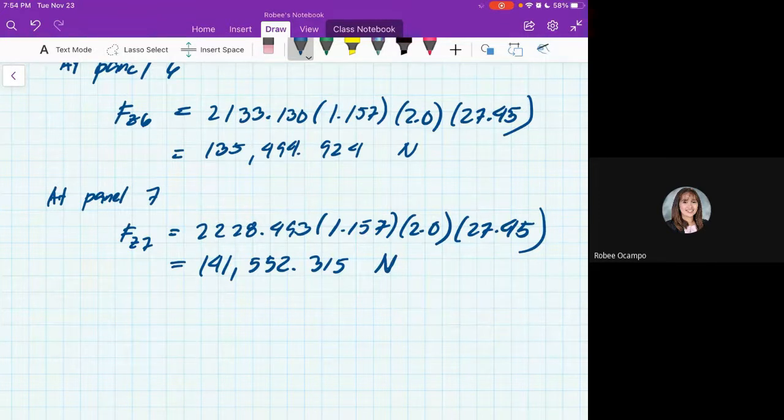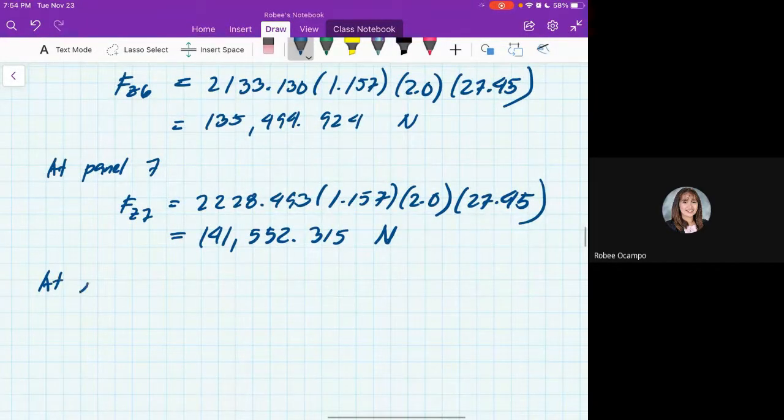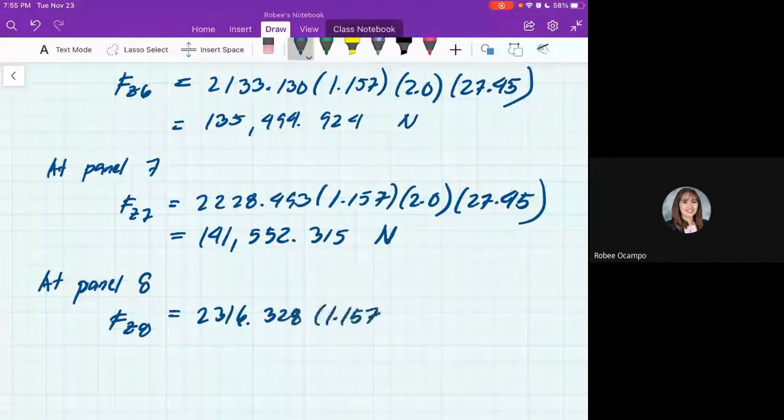And lastly, at panel 8, FZ8 is 2,316.328 times 1.157 times 2.0 times 27.45.